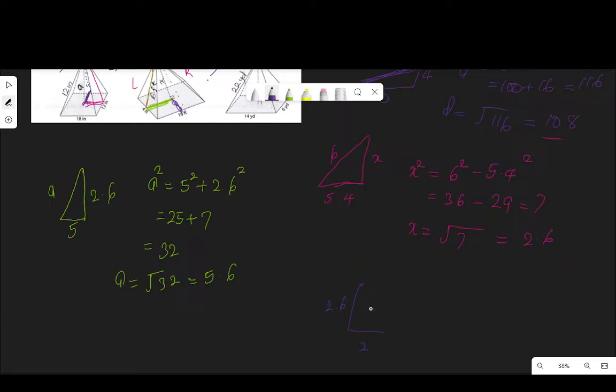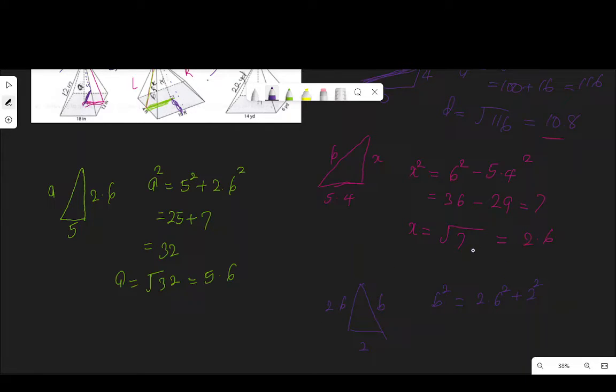And this is the side we are looking for. Let me call it B. B squared is equal to 2.6 squared plus 2 squared. And 2.6 squared is 7.